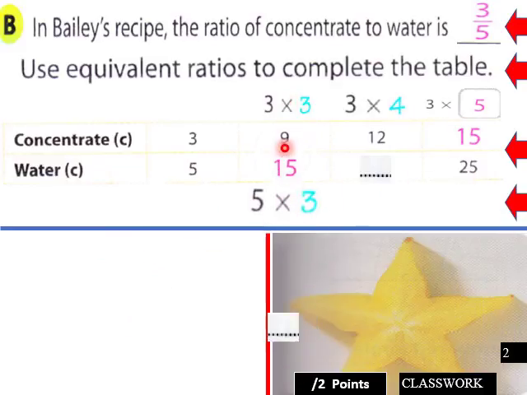Then 5 times 3 would be 15, 5 times 4 would be 20, and 5 times 5 would be 25. These are equivalent ratios. By adding more water, you keep the same ratio going by adding the correct amount of concentrate.